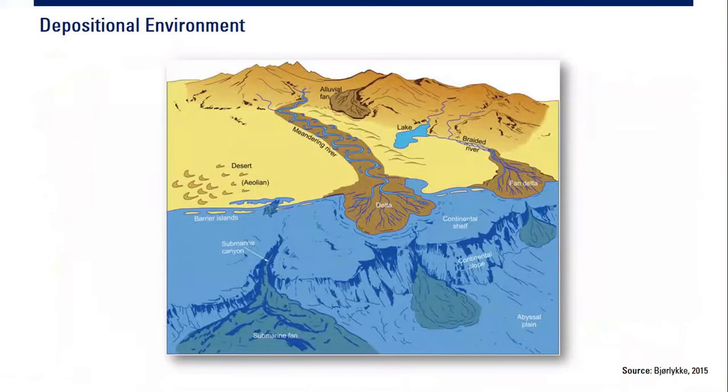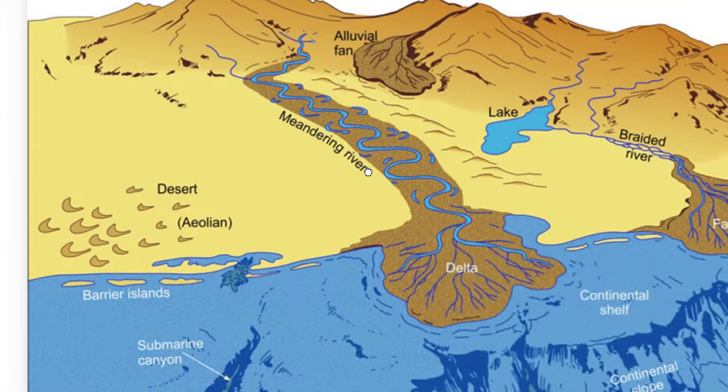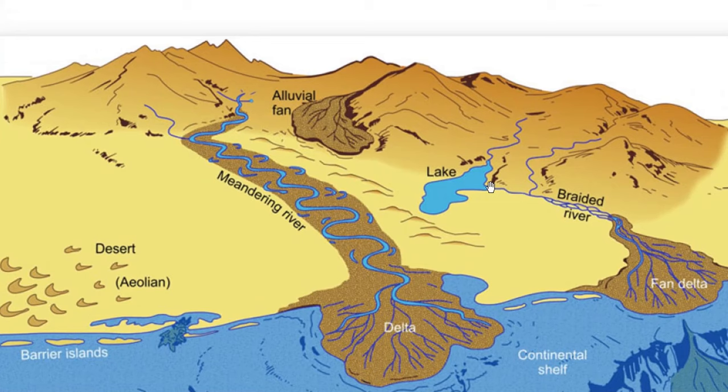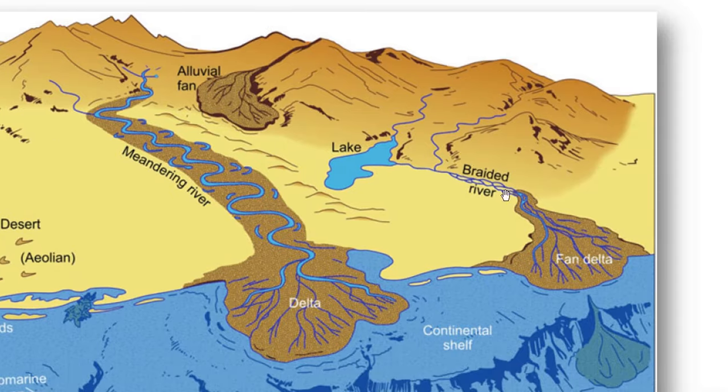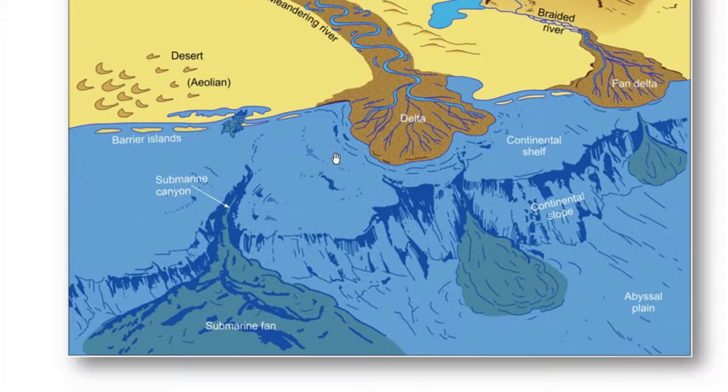But many years ago, the reservoir was actually this environment. Okay, before it turns to be a reservoir, some of them are river, some of them are delta, and some of them are lakes. Before they turn to be reservoirs, they were alluvial fan, braided river, fan delta, continental shelf, and so on and so forth.